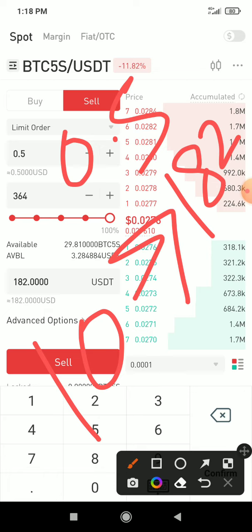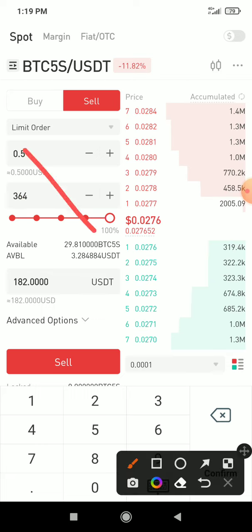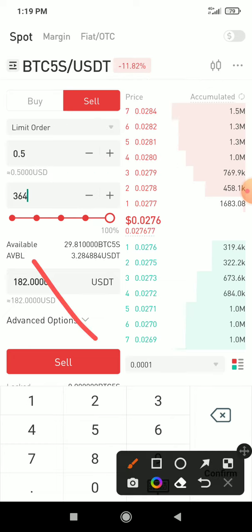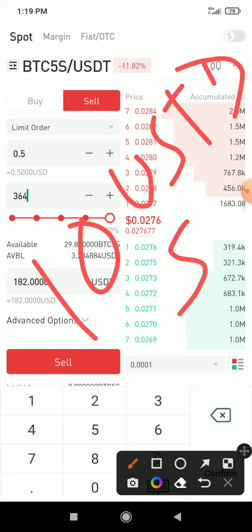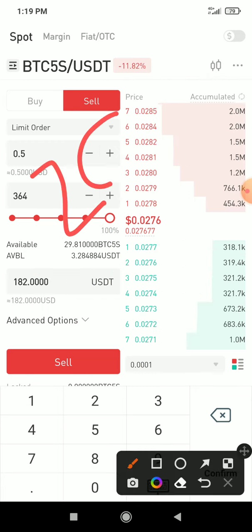Also, we can take both positions: 10 USDT long and 10 USDT short, so the total is 20 USDT.